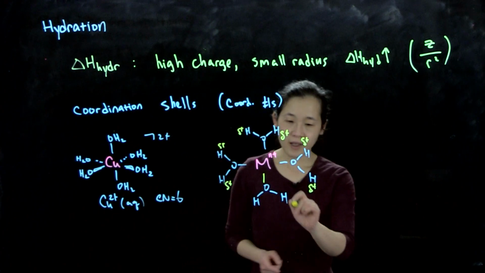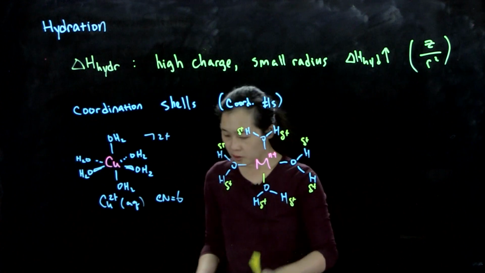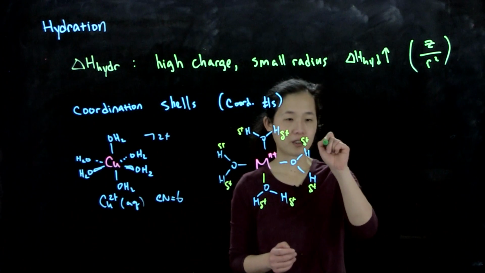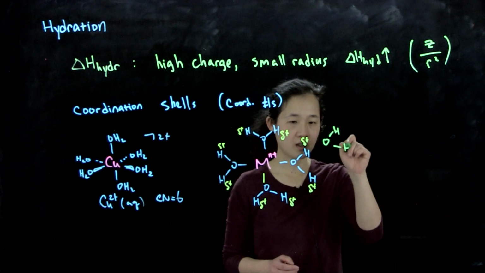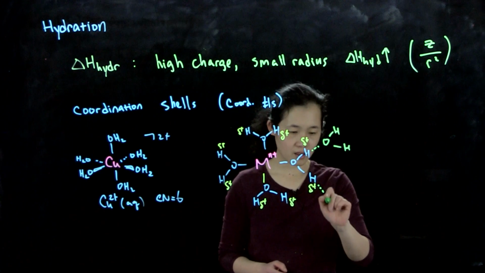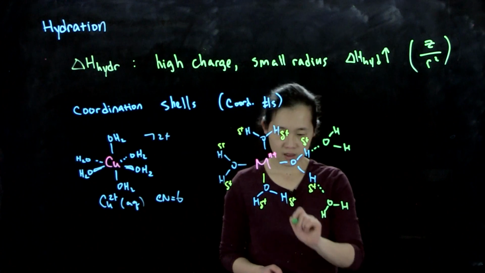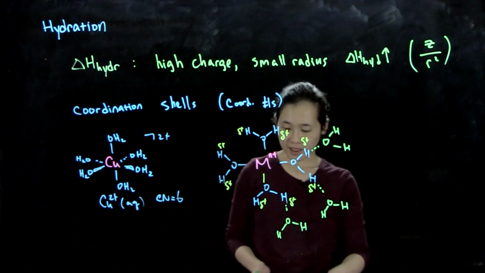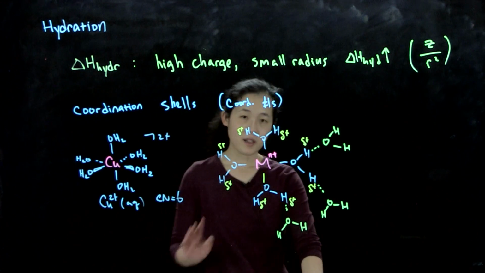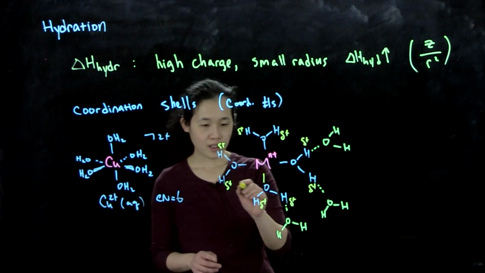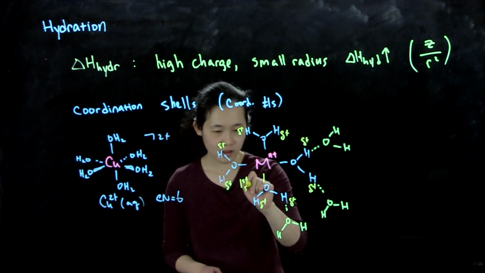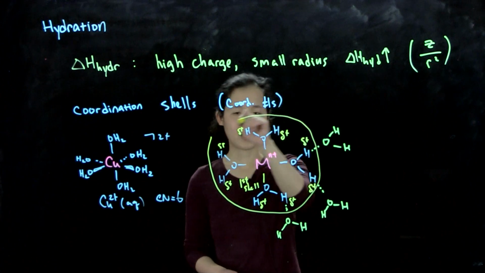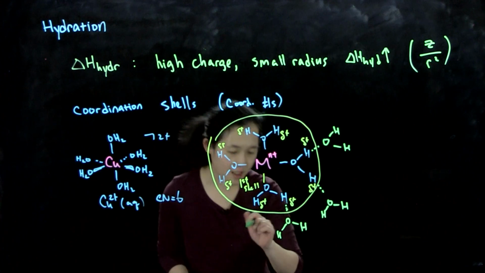If we're polarized enough, we'll attract a second shell of water molecules, which will also interact. I won't draw all of them, but suffice it to say, here is our first coordination shell. These are the water molecules directly bound to the metal center. And out here, we have our second shell.